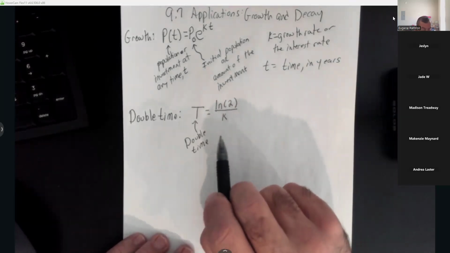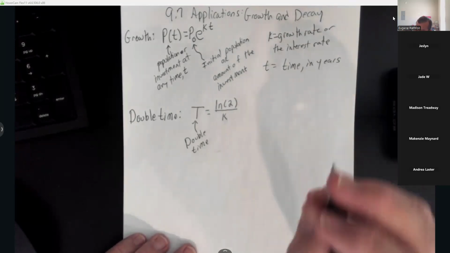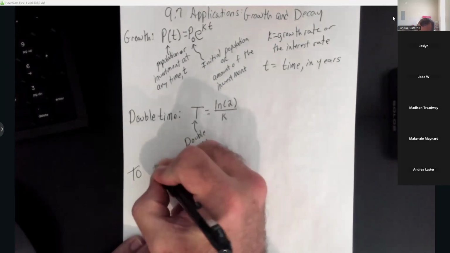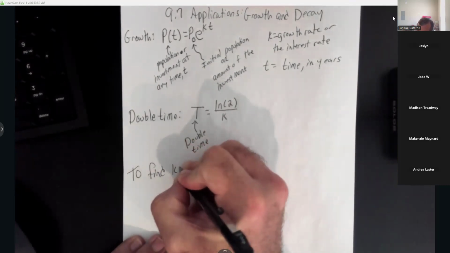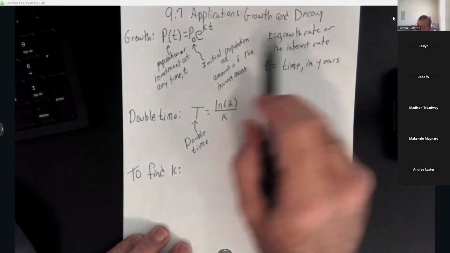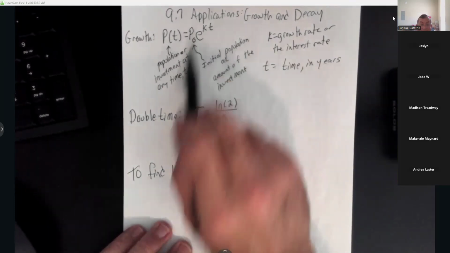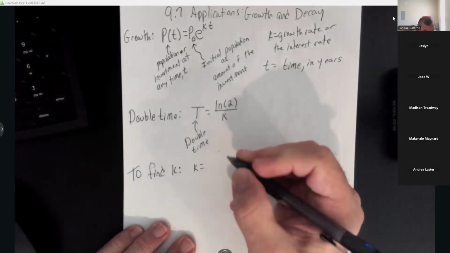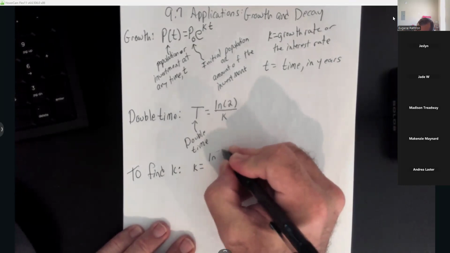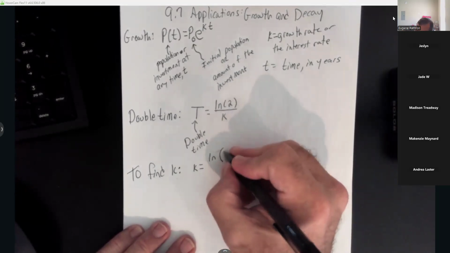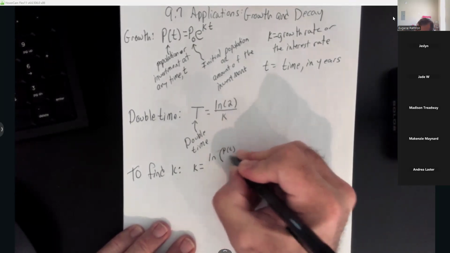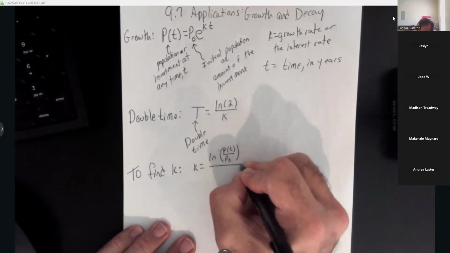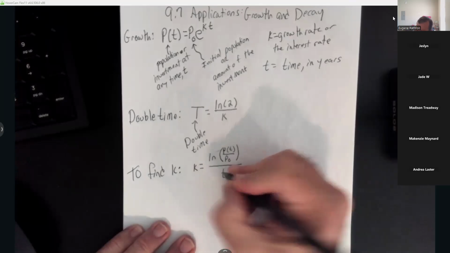All right. Now, what if I want a formula to find k, my constant? If they give me all this information and they want me to find k, I would use the following formula. k equals the ln of P of t divided by P of 0, all of that over the time.